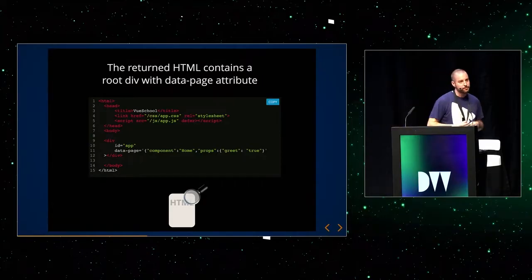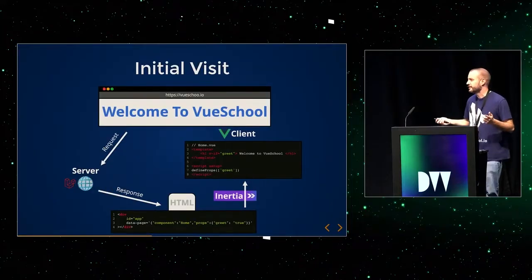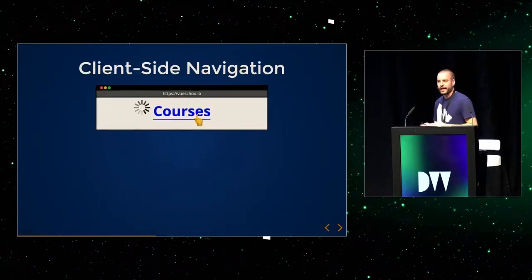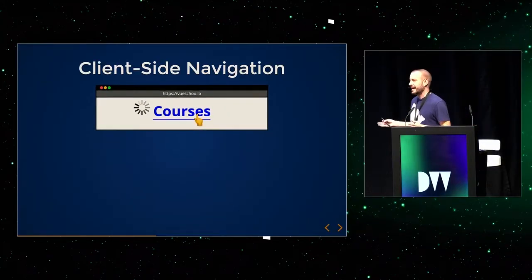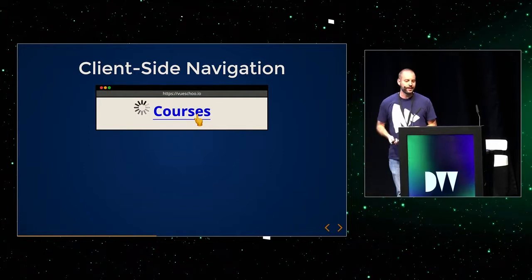And this is what's going to get passed on to the Vue props. Great. Then we can display the entire page once the app is booted up and Vue does its magic on the client side. At this point, every navigation after that is all client-side navigation. Never again do we have to go back to the server to get the full page.